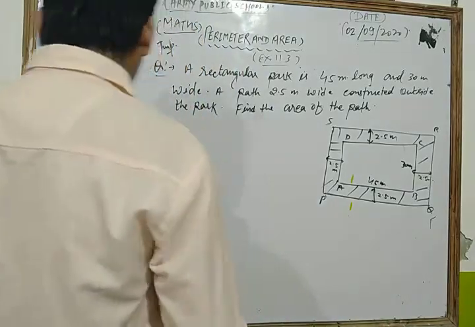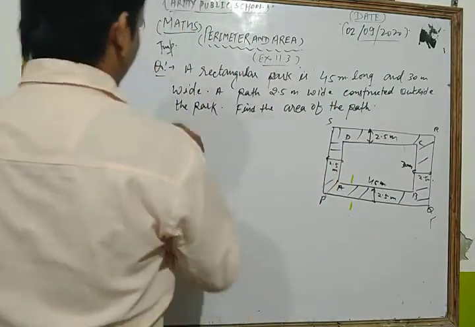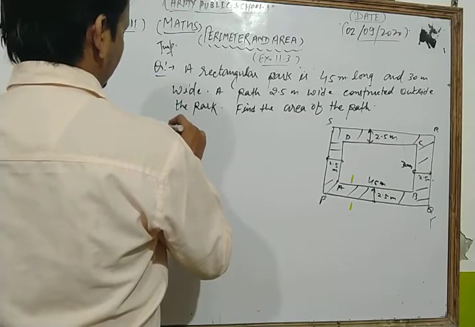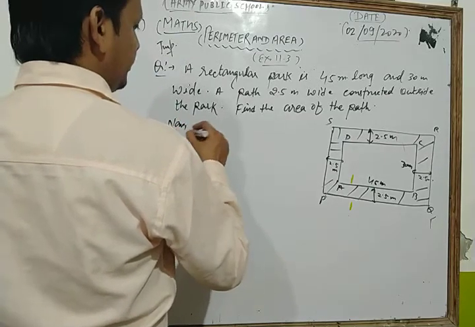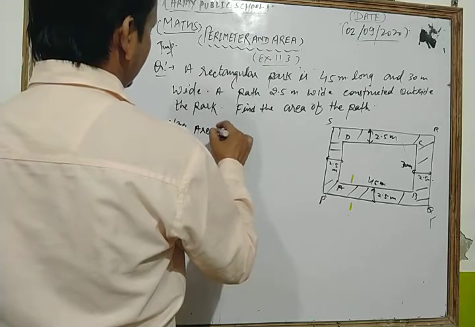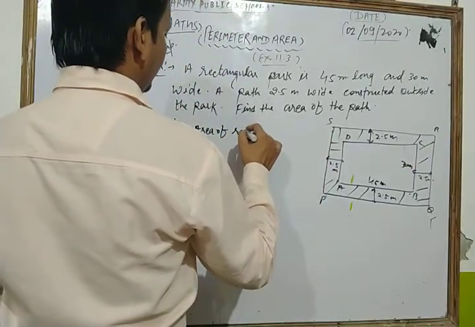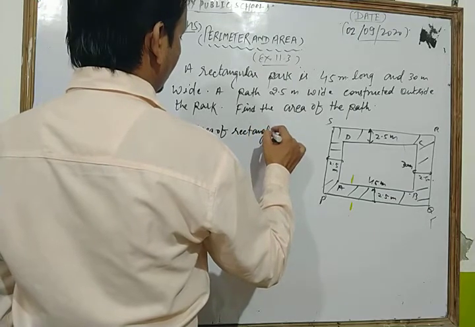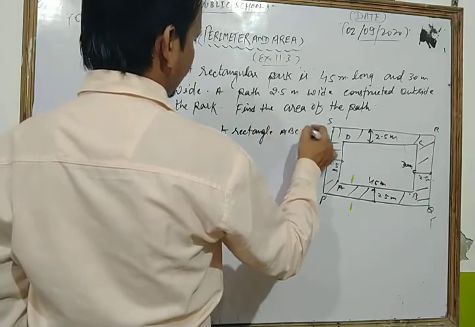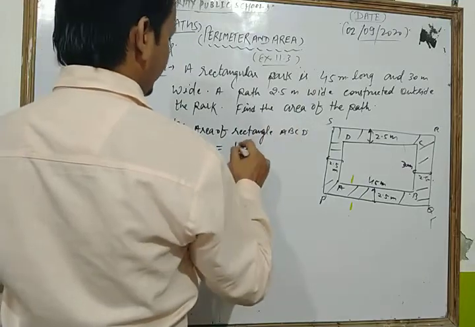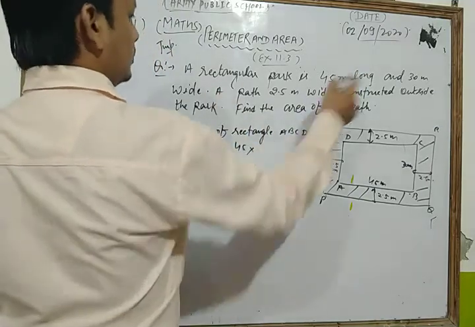So first we find the area of rectangle ABCD, which is 45 into 30.